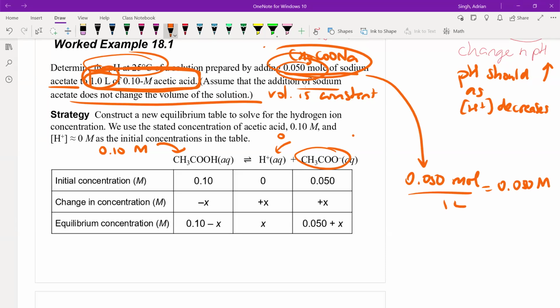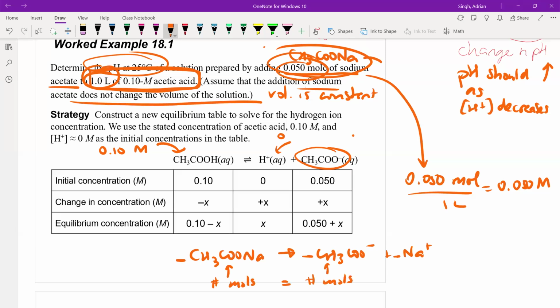Remember now, this salt here, the sodium acetate, the CH3COONa, right, that will dissociate completely in aqueous solution to give you the anion and the cation. So everything here is in a 1-to-1 mole ratio. So whatever number of moles we start with of this thing is equal to the number of moles of that thing, right?